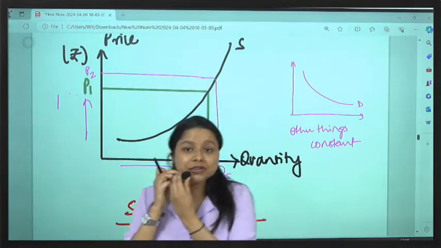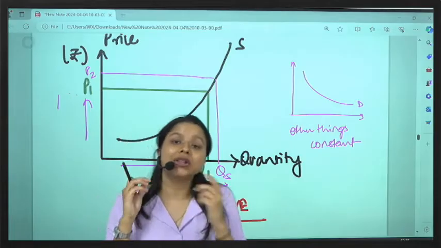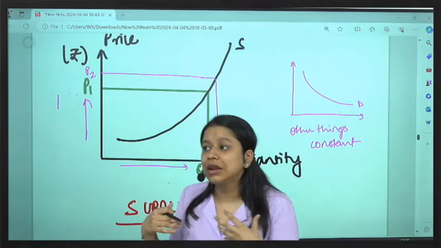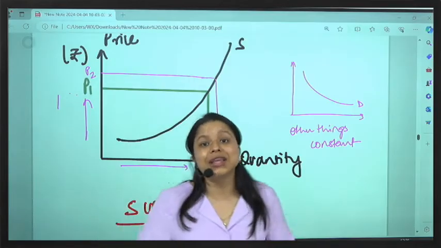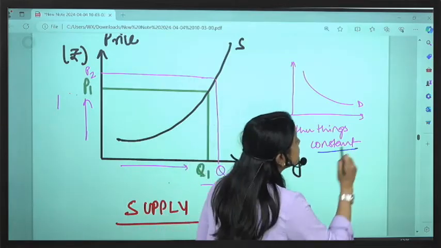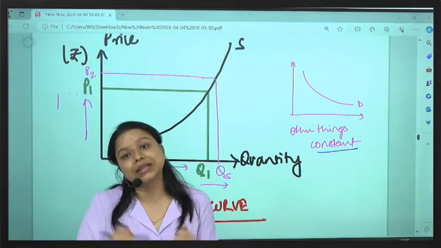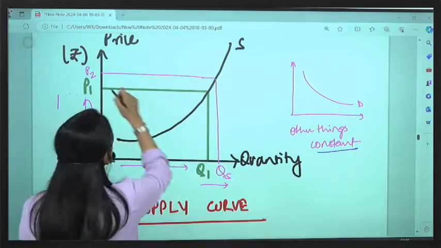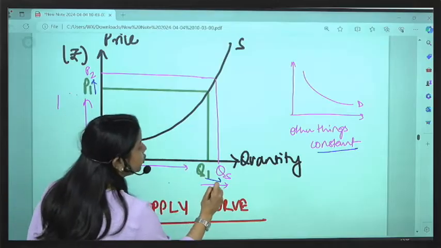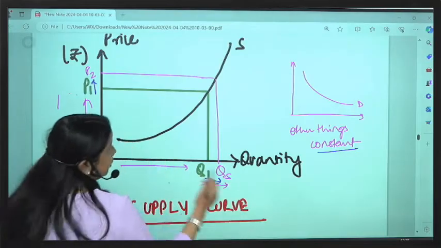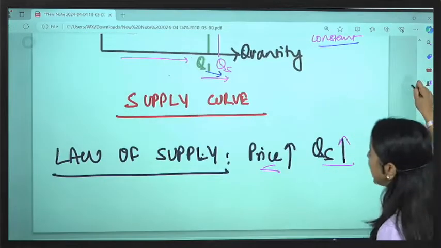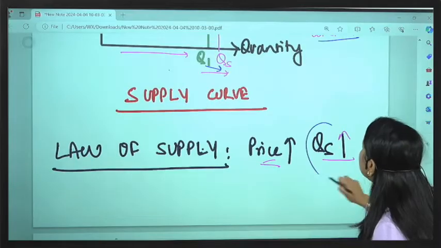So if the price of mangoes increases and all the other factors, the cost and price of the other fruits, everything else remains constant, ceteris paribus, then we say that the quantity supplied will actually move towards the right. This is your law of supply. If the price increases, quantity supplied will increase.